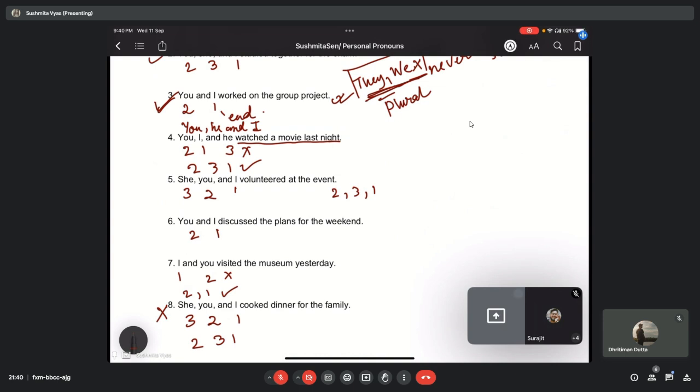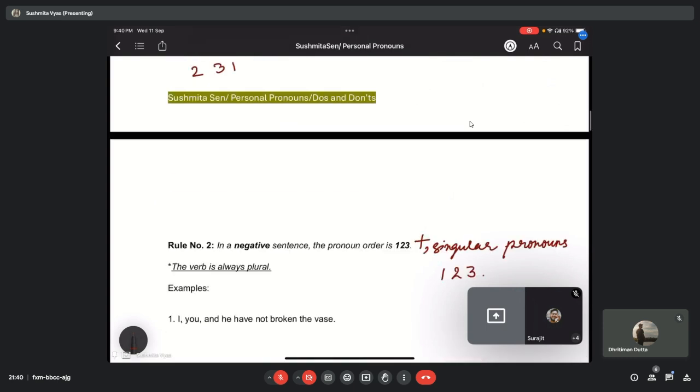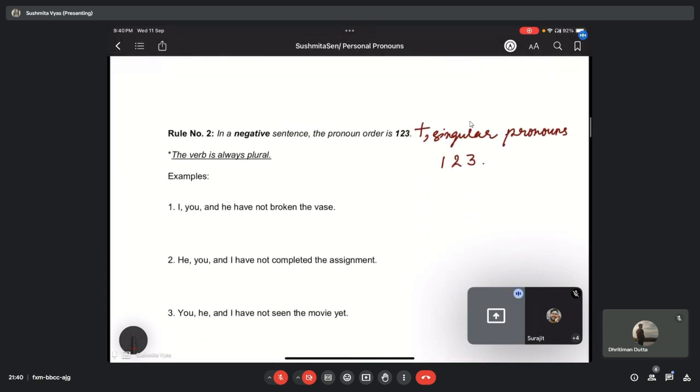We leave the credits for the other people involved and then we take the credit at the last. But when we do something negative, we always take the blame first. So that is the whole idea. Think about it like that: something negative has happened, so I will take the blame first. So the pronoun order is one, two, three.